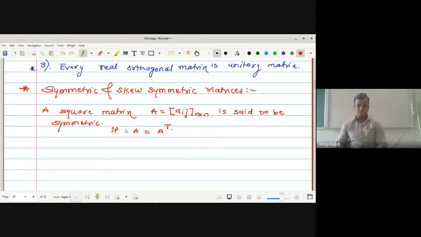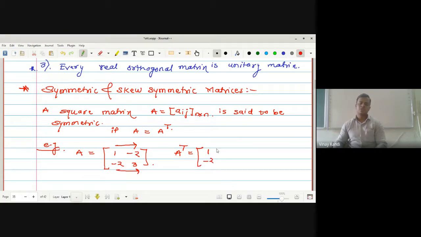Okay, A is equal to A transpose. For example, suppose A is the matrix 1, -2, -2, 3. What is the A transpose? Make the first row the first column: 1, -2.